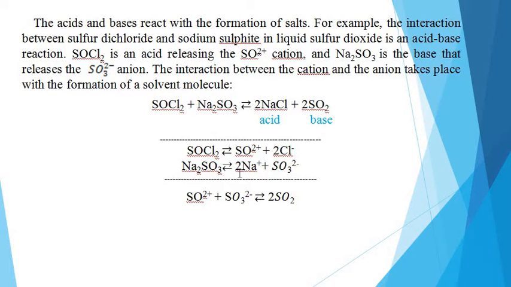Sulfur dichloride is an acid releasing the sulfur oxide 2 positive cation, and sodium sulfate is the base that releases sulfate anion. The interaction between the cation and anion takes place with the formation of the solvent molecules.